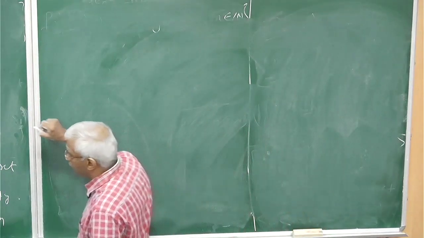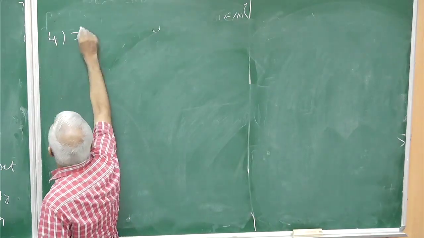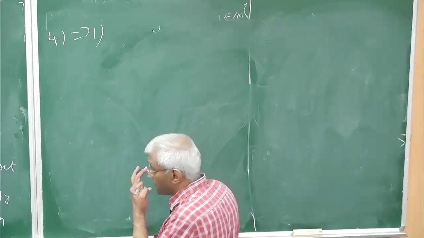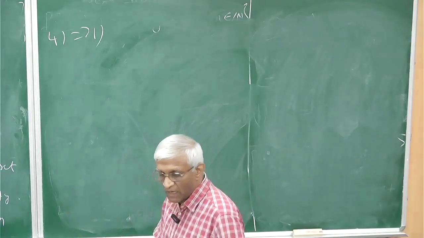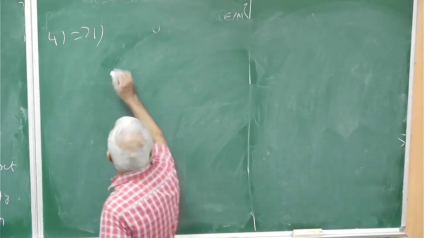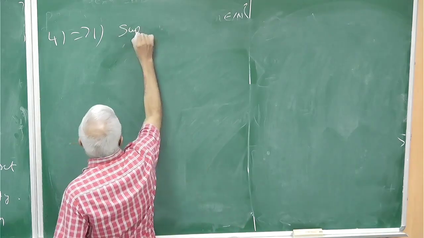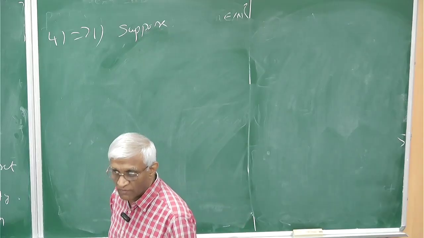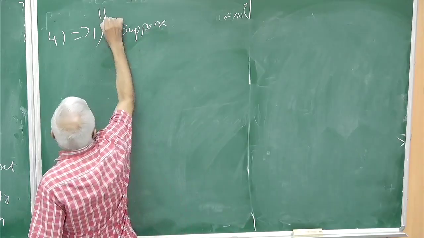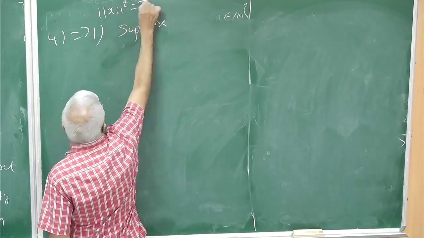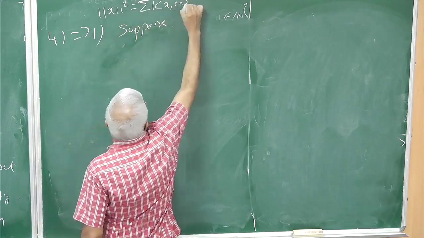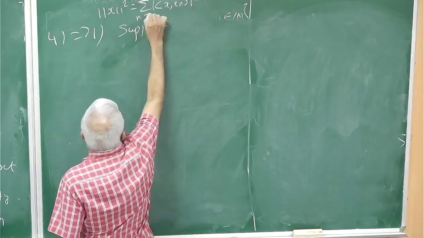So now four implies one. We have to prove that it is maximal. Suppose not. We are assuming four, that is, the norm of x squared equals the summation of |<x, e_n>| squared, n equal to 1 to infinity.